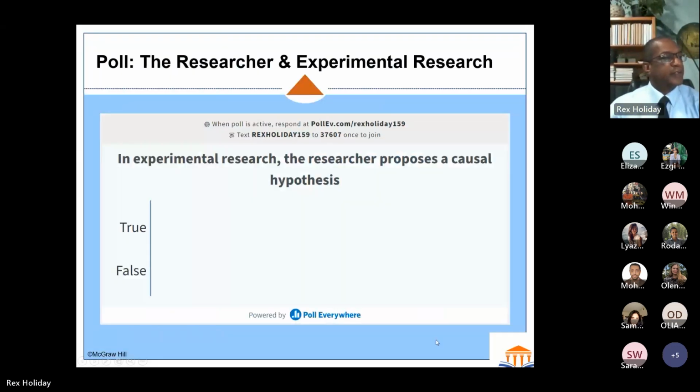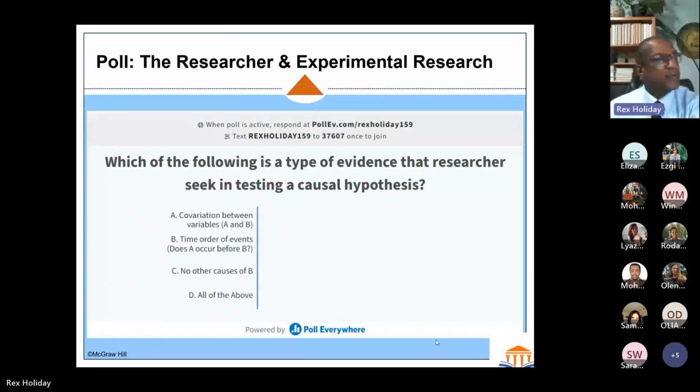Okay, so here's our poll. Which of the following is a type of evidence that researchers seek in testing a causal hypothesis?